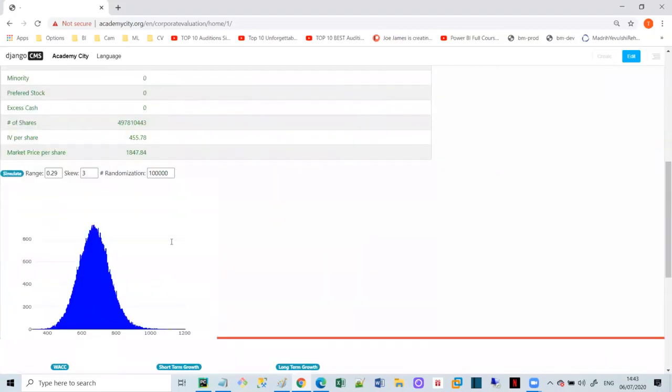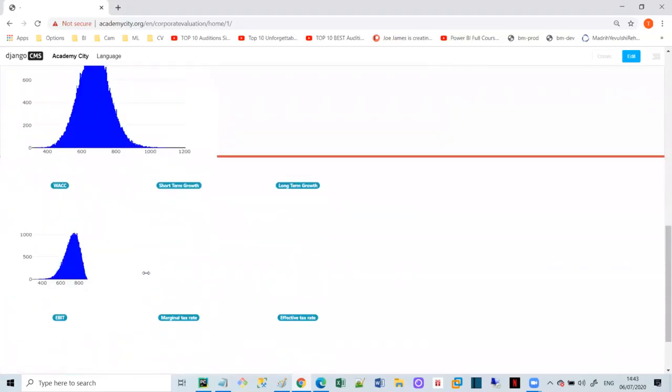So we see if you only change the WACC, it really does have a big effect. It's a range of almost 350, between about 500 and so on. So the valuation is very sensitive to the WACC.